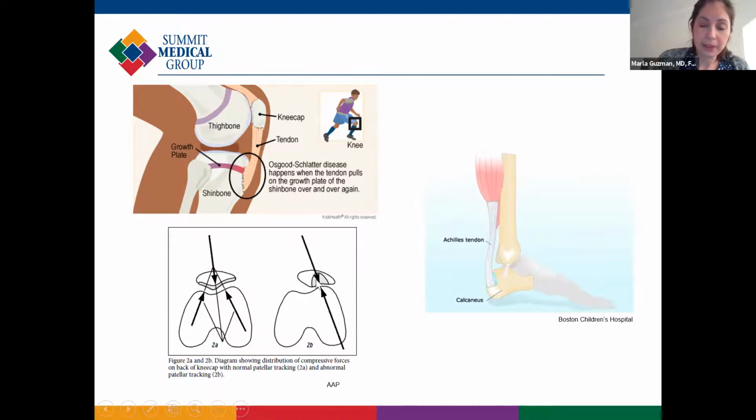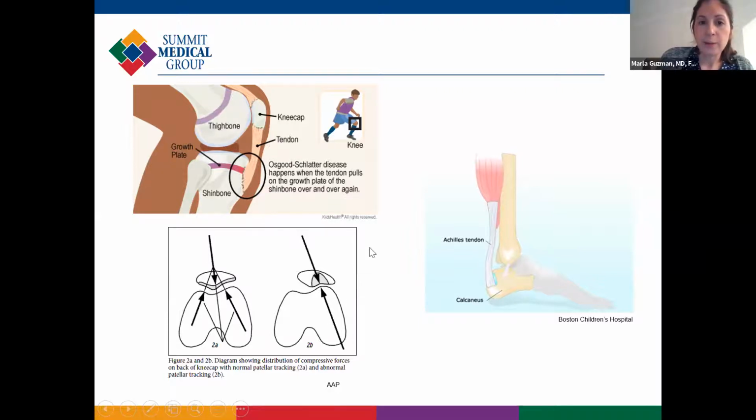Now, sometimes what happens is children who participate in activities that may involve things like squatting, maybe they're a catcher in baseball, or they might be a rower, even going up and down the stairs. What happens is this kneecap becomes unstable due to compressive forces, and it kind of tracks, so it moves back and forth.